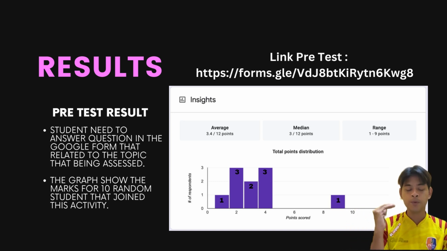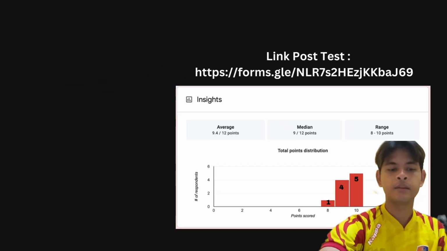This shows that they don't really understand how to implement the cation and anion test in questions based on SPM questions.